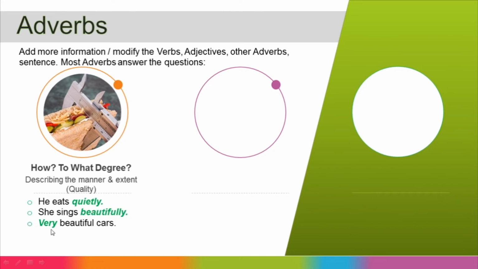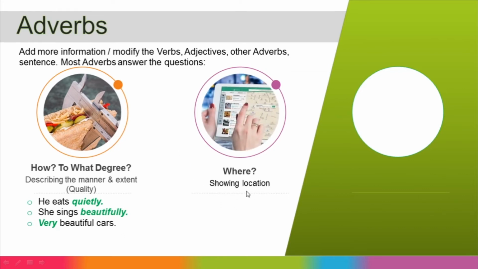And in another example, we have here very beautiful cars. Very here tells us the quality of how beautiful are the cars. So in this case, adverb can be put after the word that it modifies, or it can be put just like adjectives before the word that it modifies. Also, adverb answers the question of where, showing the location.